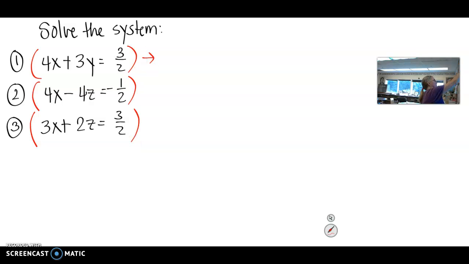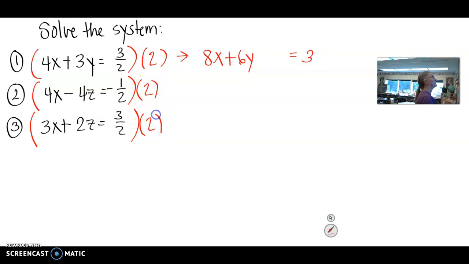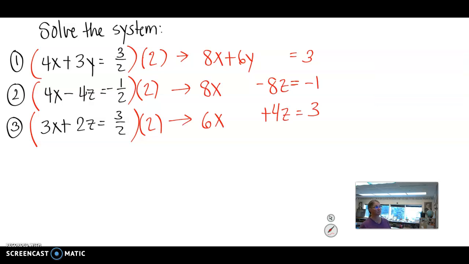If I multiply every single thing here by 2, I get 4 times 2, which is 8x, and then plus 6y, and then 3/2, and I'm going to leave a space for the z. 3/2 times 2, the 2's cross out, and I end up with just 3 over here. If I multiply this by 2 and this by 2, I will also have cleared the fractions. Okay, so this is what you should have gotten.